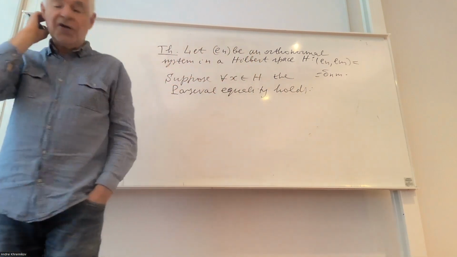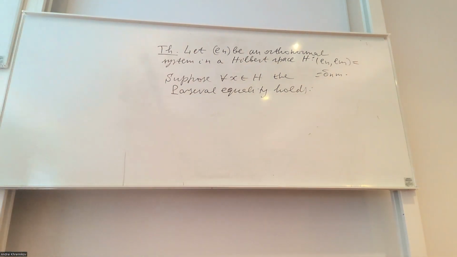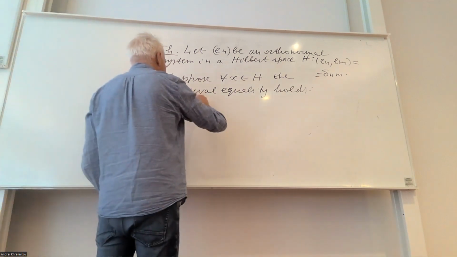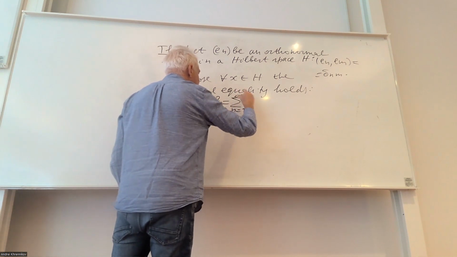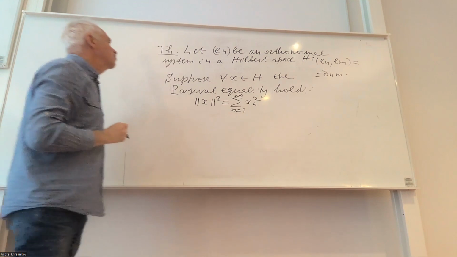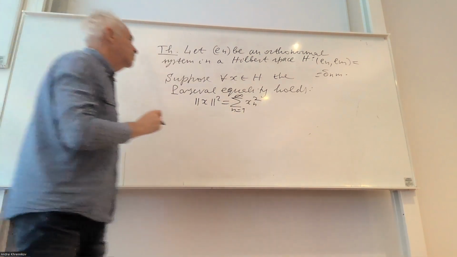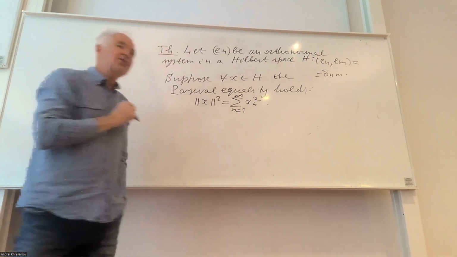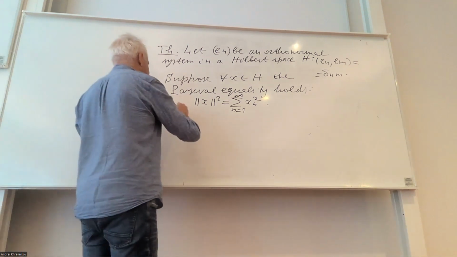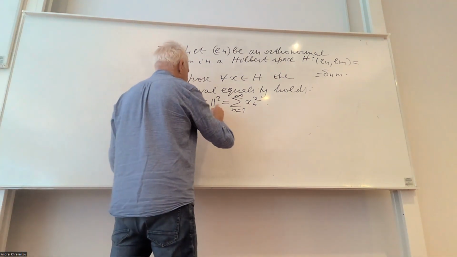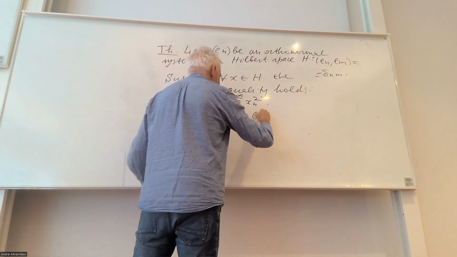So what do we do? We take a vector, we calculate its Fourier coefficients, we write the sum of squares of these Fourier coefficients, and if this sum of Fourier coefficients squares is equal to the square of the norm, so suppose that we have the Parseval equality. Suppose that for any vector, the sum of squares of its Fourier coefficients is equal to the square of the norm. Then this is a basis. Then En is a basis.